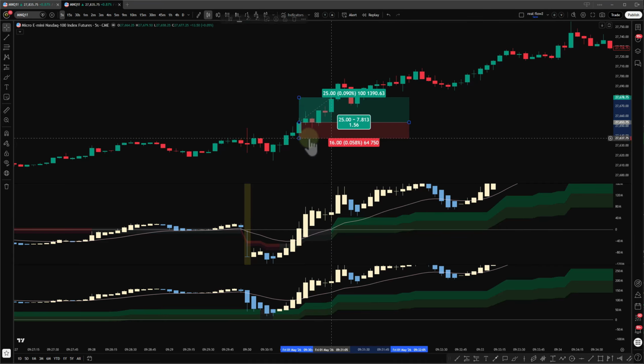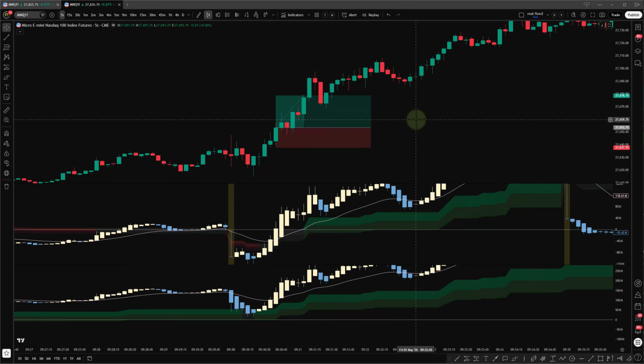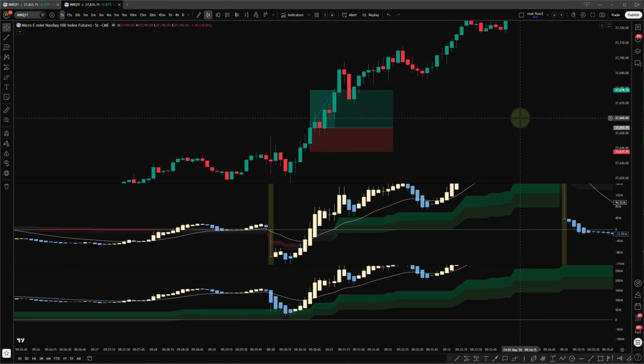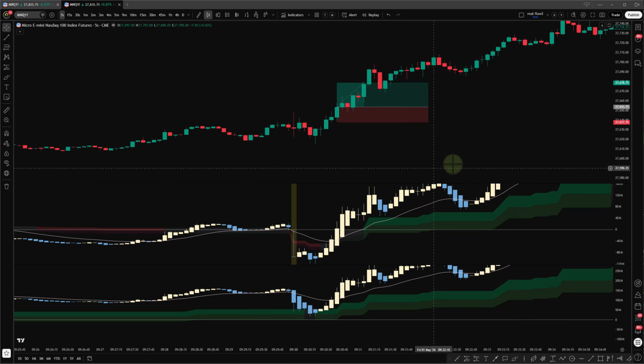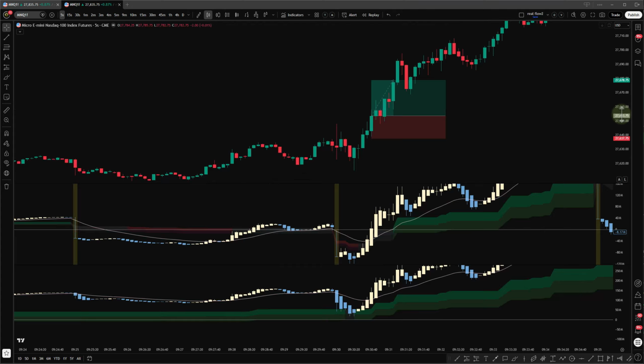The entry candle is your stop. And there is your 25 points of NQ, and if you're using minis, that's 500 bucks for one mini. That's a pretty good day, and the trade took 5, 10, 15, 20, 25 seconds to play out.